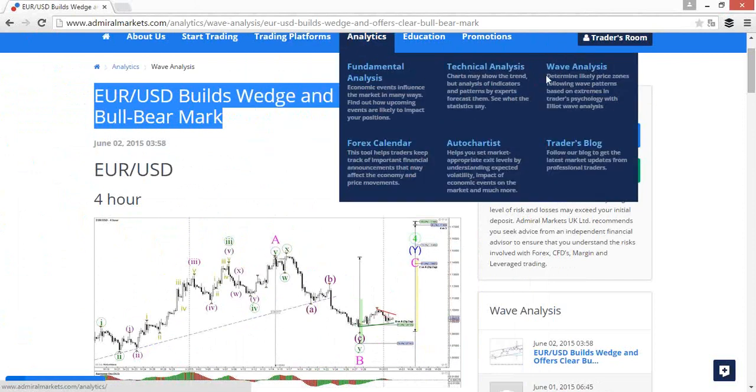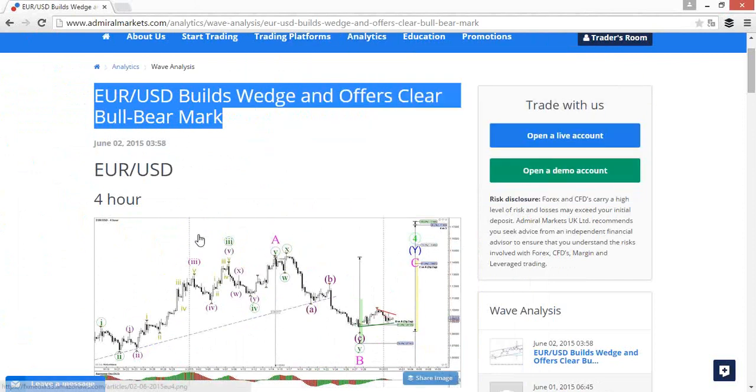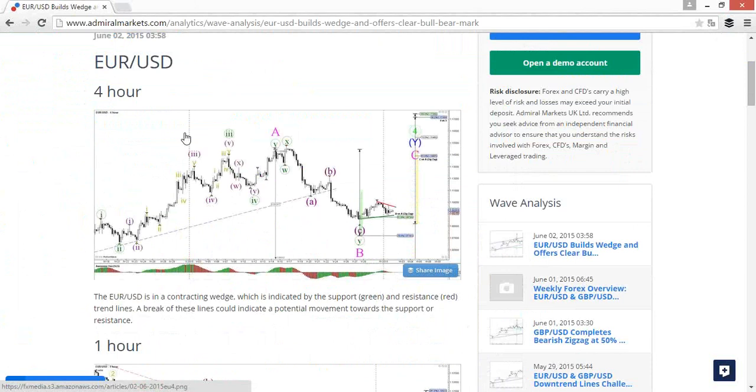You'll find that by going to Analytics, Wave Analysis, and then clicking on the most recent one. This is today's euro dollar, pound dollar, dollar yen. I do it only on those three currencies.